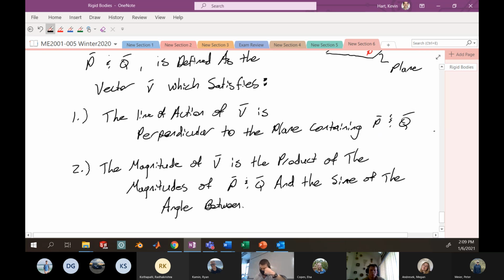If you want math language, the magnitude of the vector V is the magnitude of the vector P multiplied by the magnitude of the vector Q multiplied by the sine of the angle between them, which we call theta.